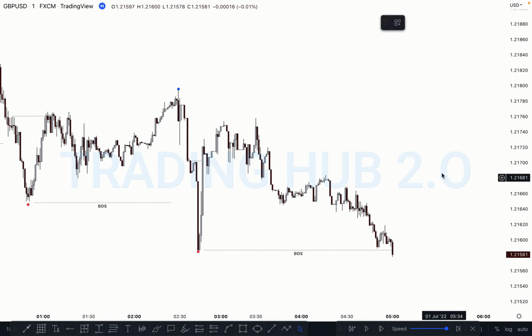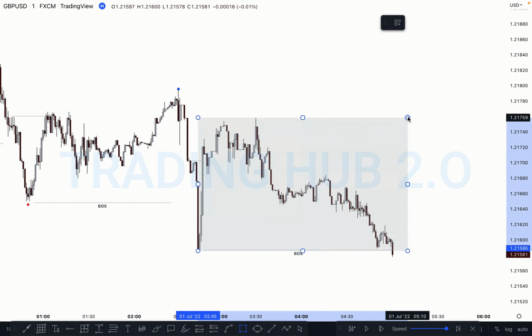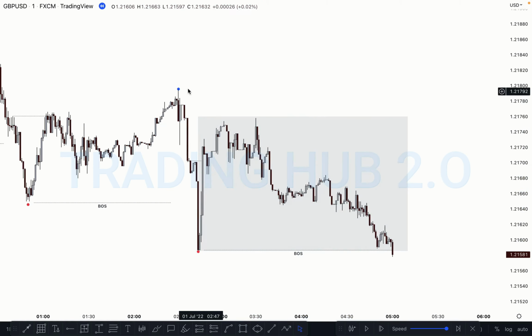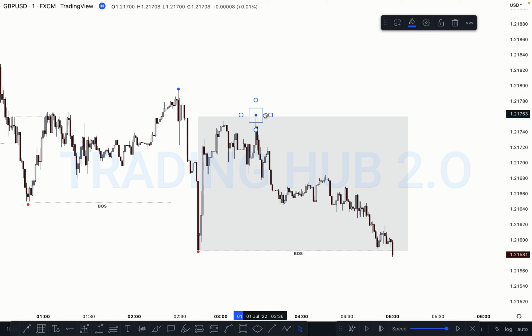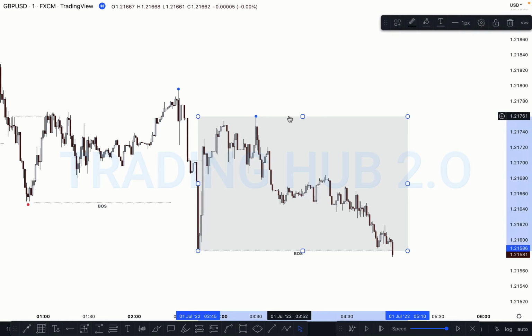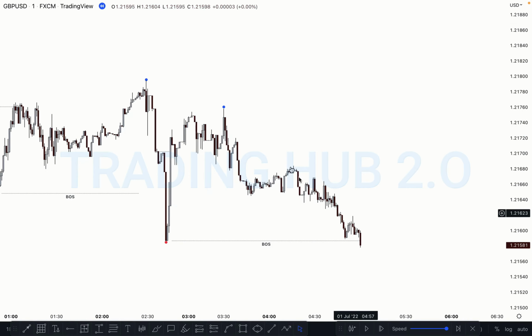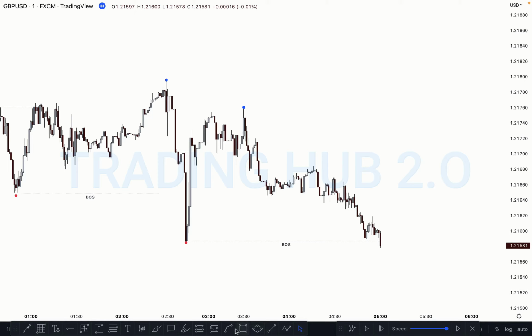So this move is called a break of structure, and the lower low is here. And where is the lower high? If I mark here to here, where is the highest point? Is here. So this one is our lower high, correct? So in this case, where is the most recent structure?